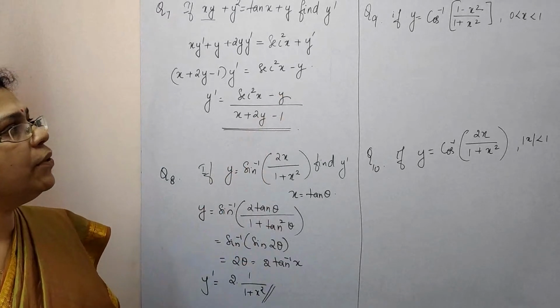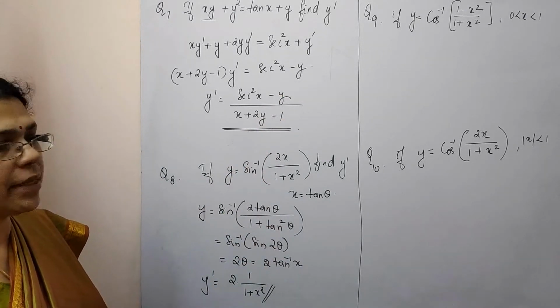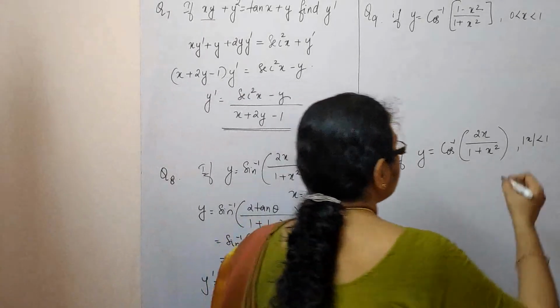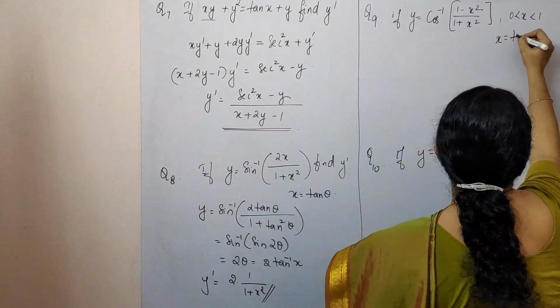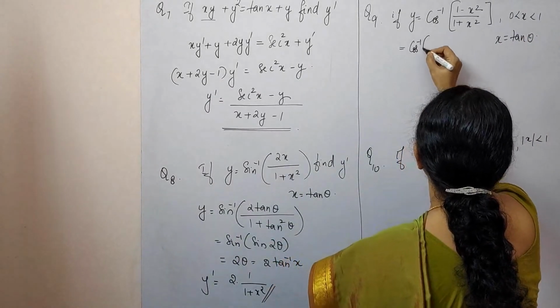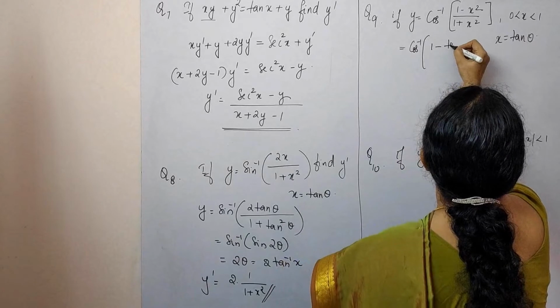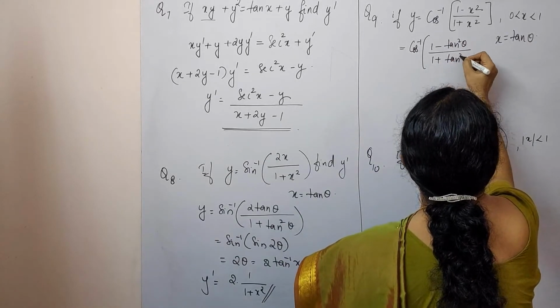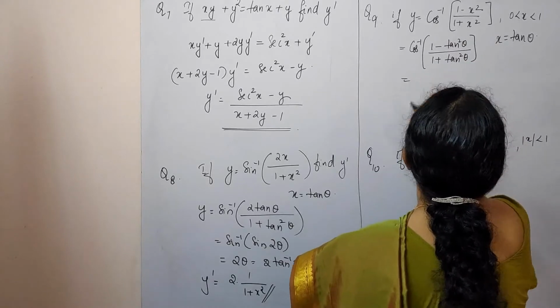Now coming there, do you know what will be the substitute for x? Again, x is equal to tan theta. So substituting for x is equal to tan theta, what do I get? I get this as cos inverse of 1 minus tan squared theta by 1 plus tan squared theta. Now, what is this value?